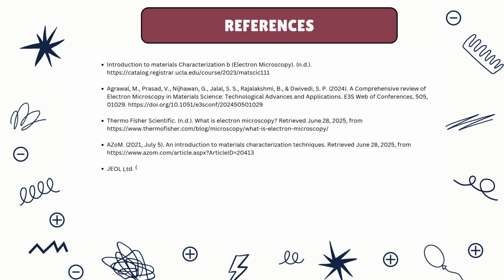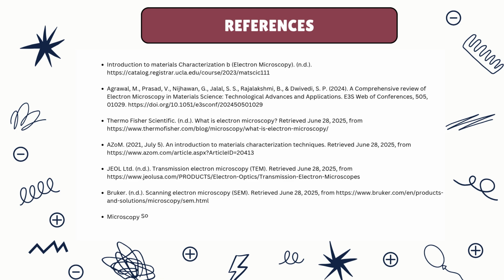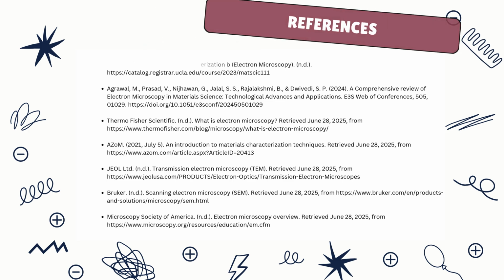So, we would like to acknowledge and thank all these sources for helping us build a strong foundation for our presentation. If you are interested in learning more, we highly recommend exploring some of these references further, as they offer a wealth of knowledge beyond what we could cover in just a few slides.